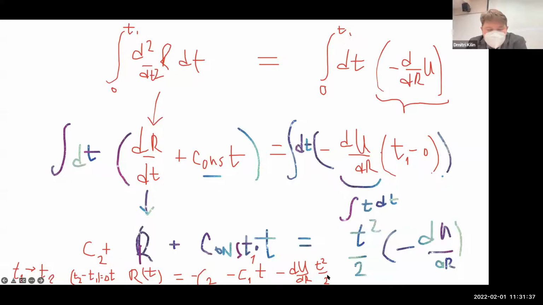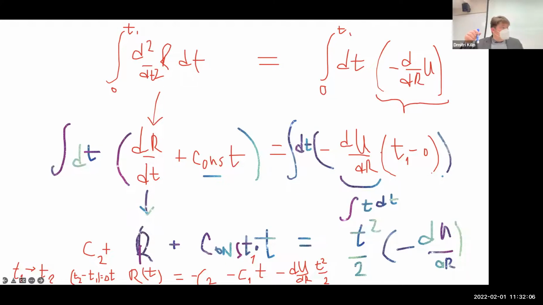So it looks very much like the solution that most of us were getting in either high or middle school when looking at the free falling object, right? So C2 is the initial position, C1 is the initial velocity, and dU/dr is the free fall acceleration, right?